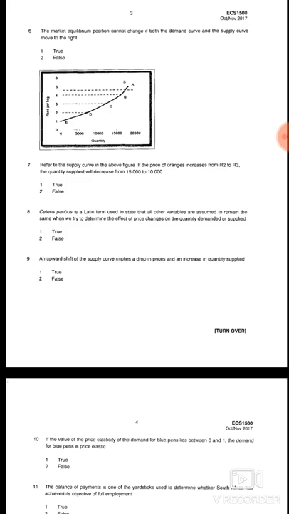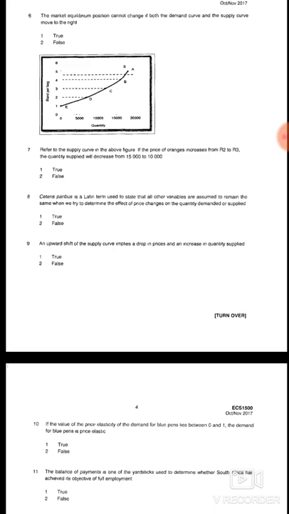Ceteris paribus is a Latin term used to state that all other variables are assumed to remain the same when we try to determine the effect of price changes on quantity demanded and quantity supplied. Okay, question number 8, it's very much true.